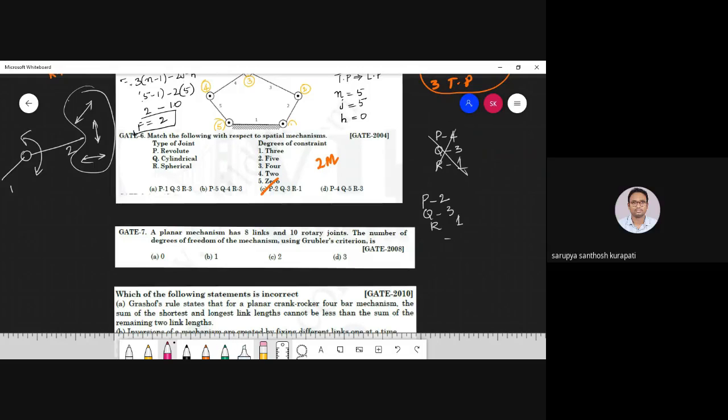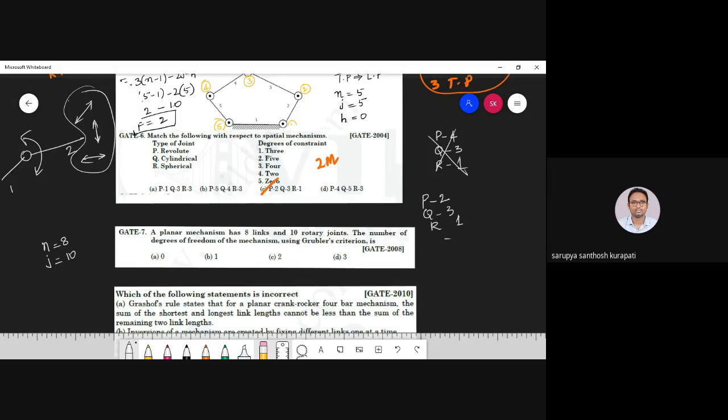Yes, sir. Next, the 7th question: a planar mechanism has 8 links and 10 rotary joints. Rotary is nothing but revolute pairs only, right? So all are lower pairs. Here n is equal to 8, j is equal to 10.